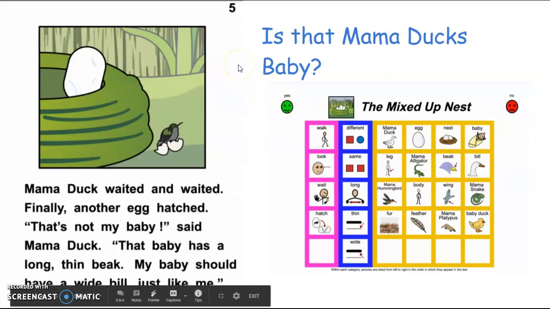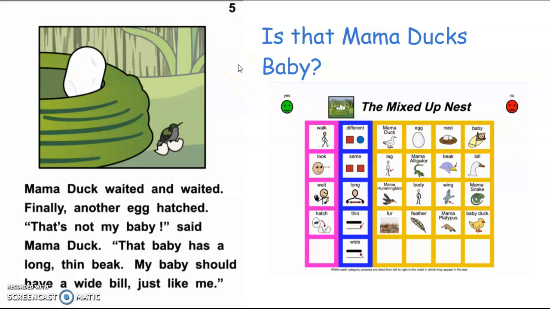Mama Duck waited and waited. Finally, another egg hatched. "That's not my baby," said Mama Duck. "That baby has a long, thin beak. My baby should have a wide bill, just like me." Is that Mama Duck's baby? Yes or no?